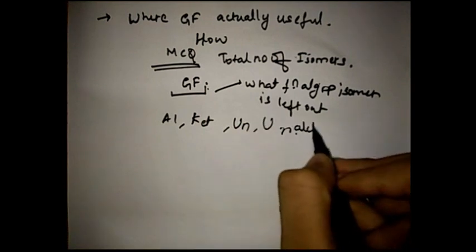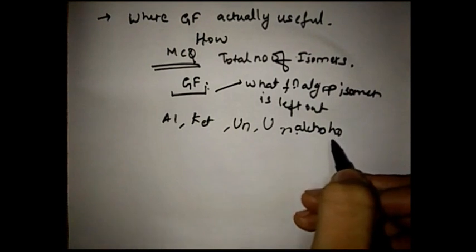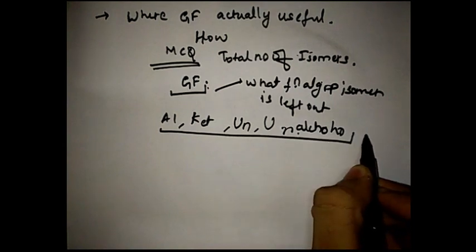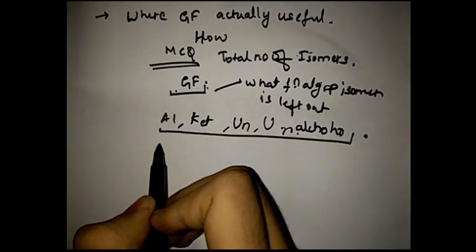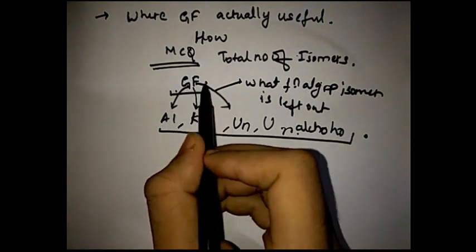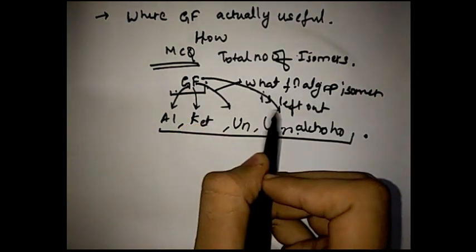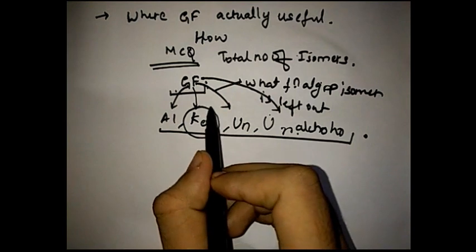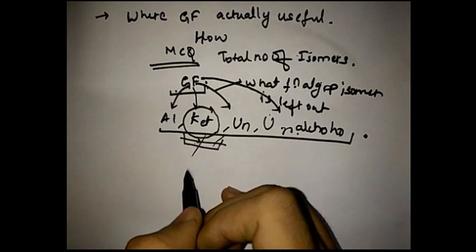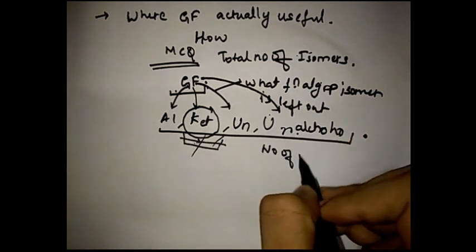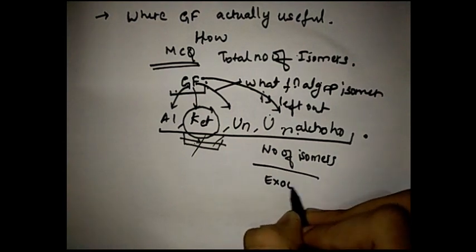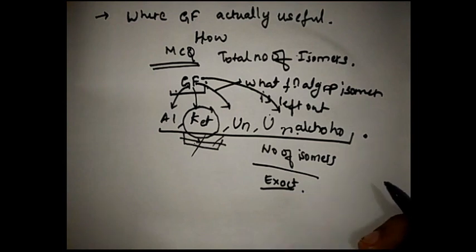If you remember the subgroups in the subtype and the general formula associated with it, you can easily remember at the last moment that this particular isomer is left out, or I haven't counted this particular isomer. So the number of isomers you can calculate exactly. The exact number of isomers will be in front of you.